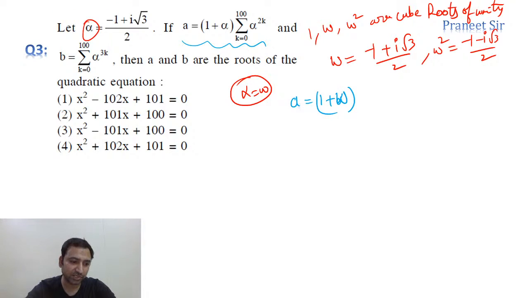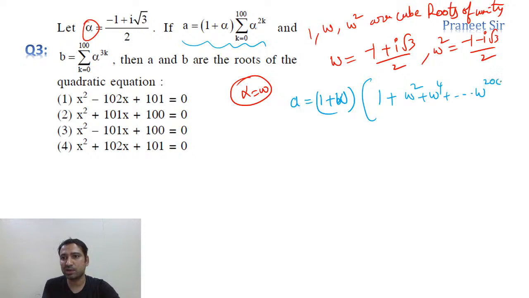Okay, right. So 1 plus omega into summation; if you substitute here, alpha power 0 means 1. Next, k equals 1, if you substitute, omega square plus omega power 4 plus so on up to omega power 200. This is what we are getting.